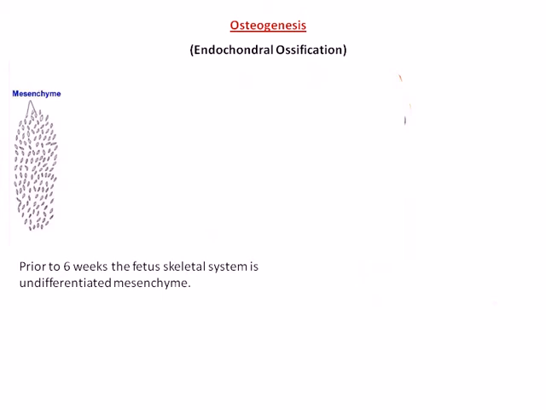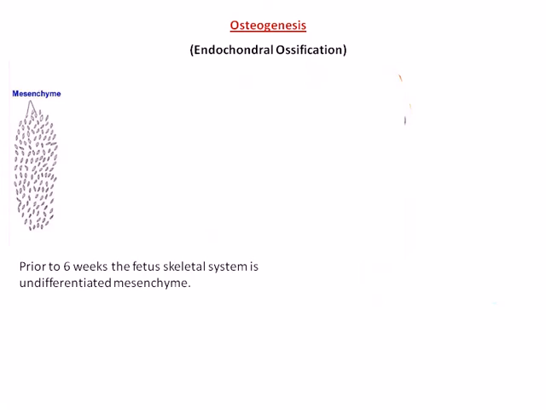When bone develops from a fibrous membrane, the process is called intramembranous ossification, and the bone is called membrane bone. All flat bones derive from the intramembranous process. Bone formation that occurs by replacing hyaline cartilage is called endochondral ossification, and the resulting bone is called cartilage or endochondral bone.